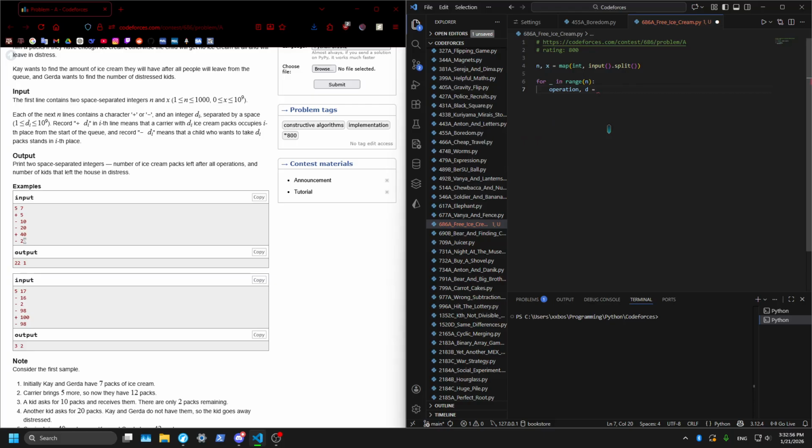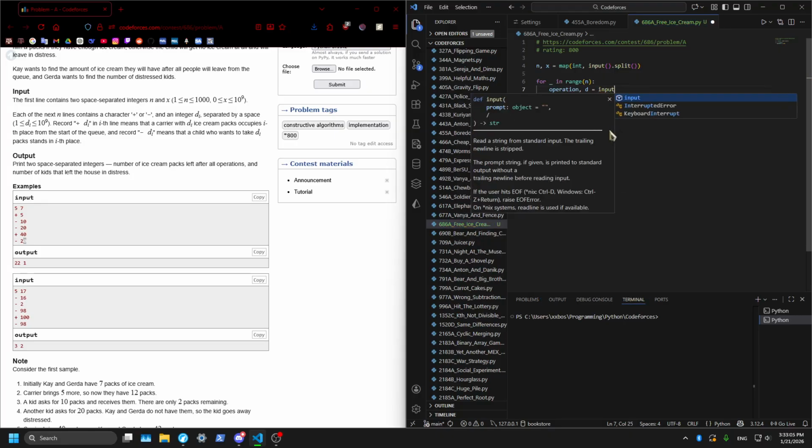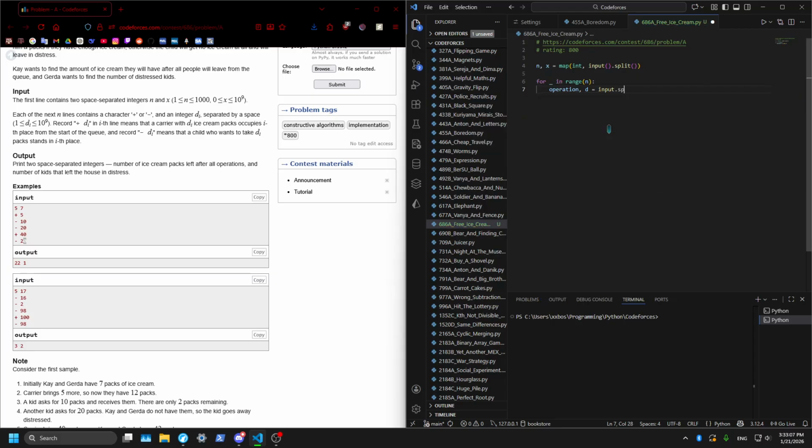Okay, well the first one is a string, so it's input dot split.